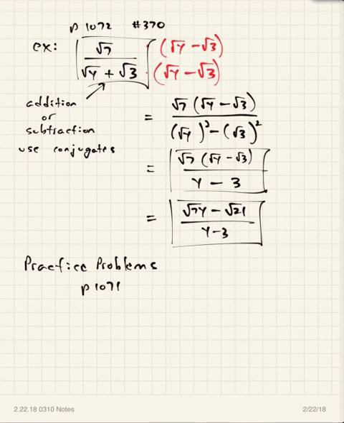So 317 through 327, and then 339 through 371, and then 379. So all of those would be good practice problems. And again, I don't know if any of you work on these or not, but these are great practice problems for these kinds of things we've been talking about. So any practice you do there is going to be helpful.